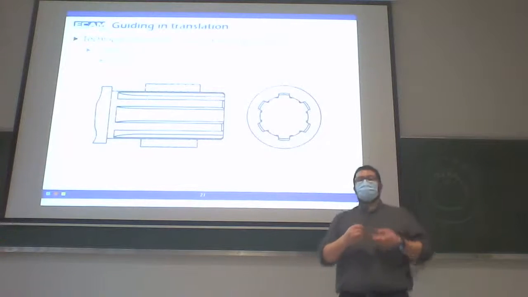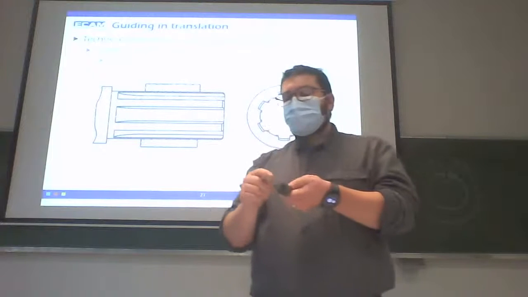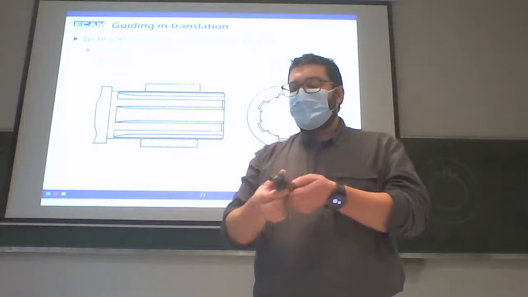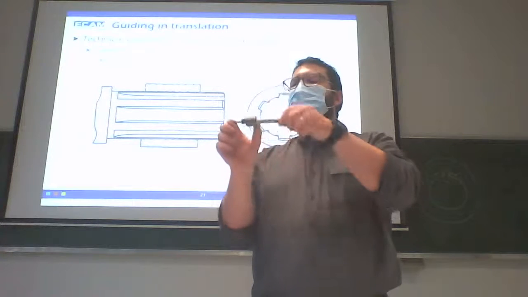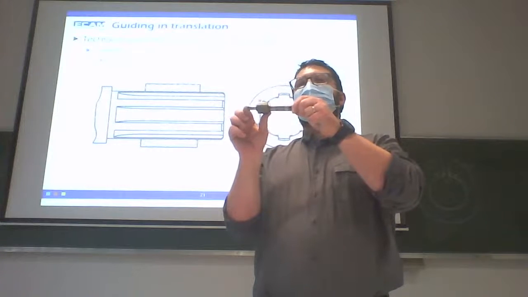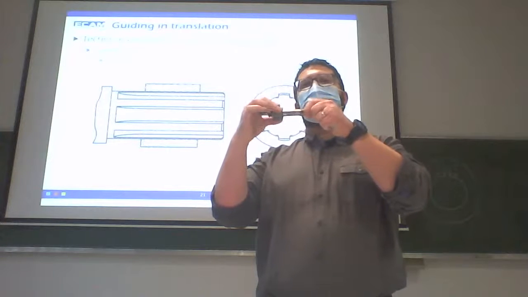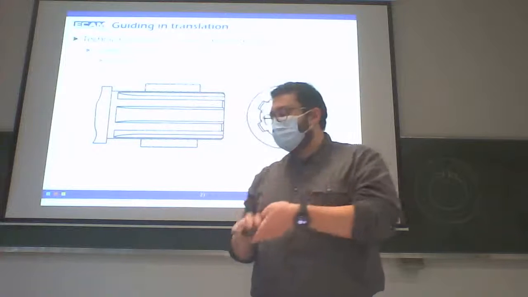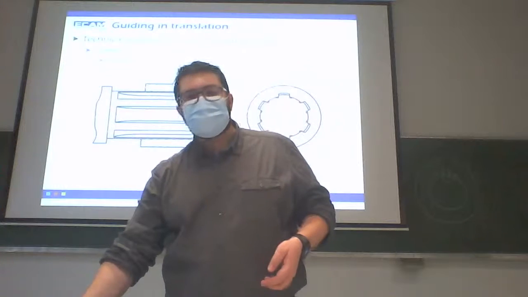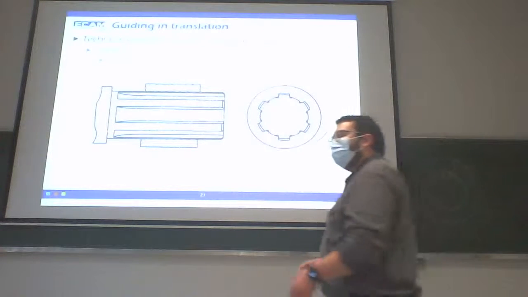We have an example here, and also between these two parts. Here and here, we have the fluted shaft. I have the translation of the part without the rotation. I will show you this part after. It's another example.